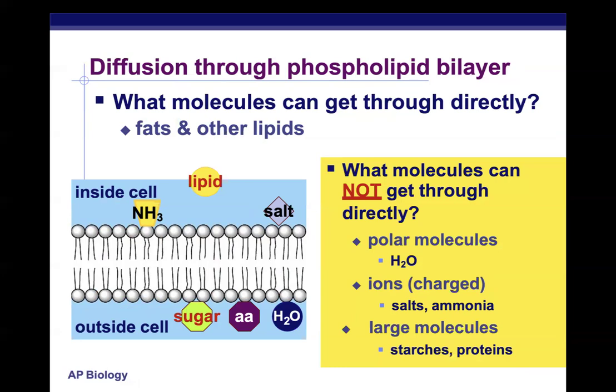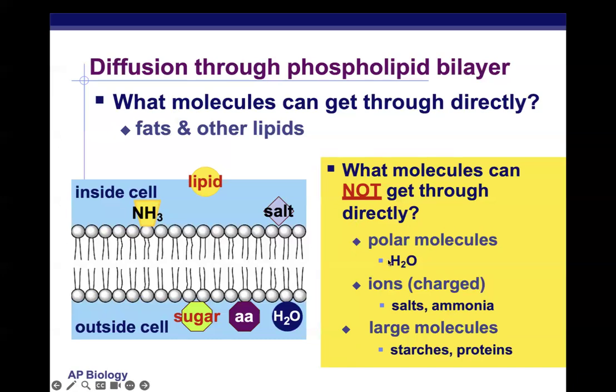So in general, what molecules can get through the plasma membrane easily? Small nonpolar substances. So small fats and small lipids can get through. And also small uncharged substances like oxygen or carbon dioxide. The things that can't get through are polar molecules.